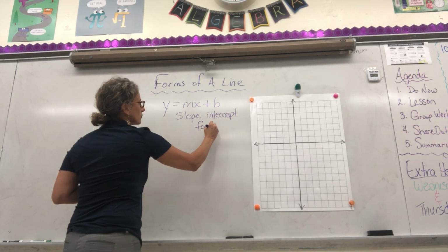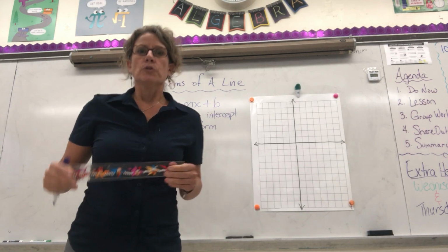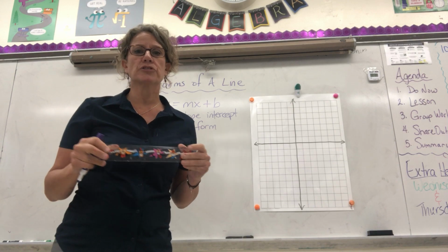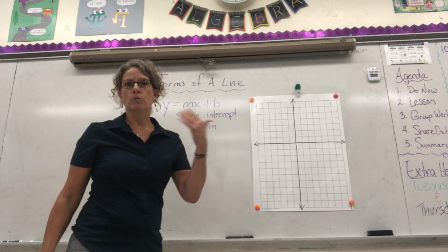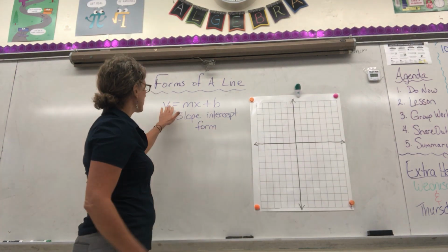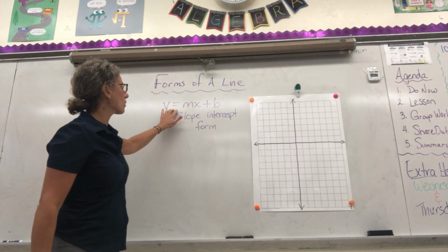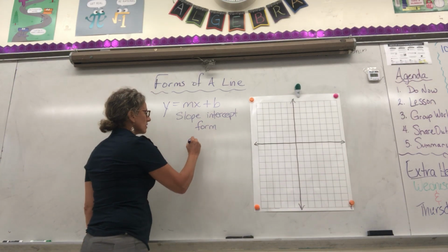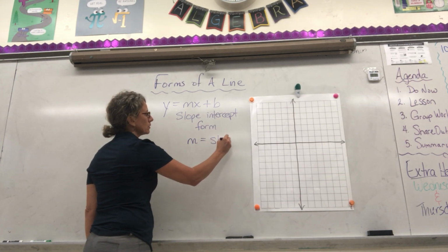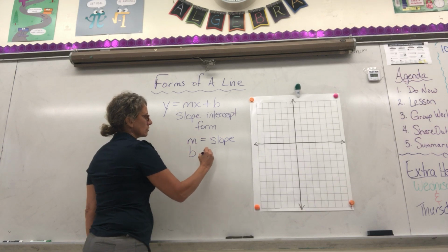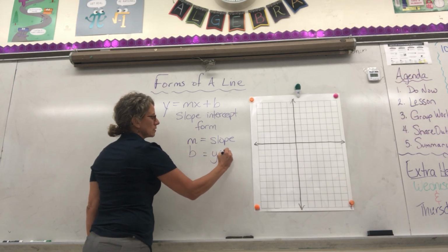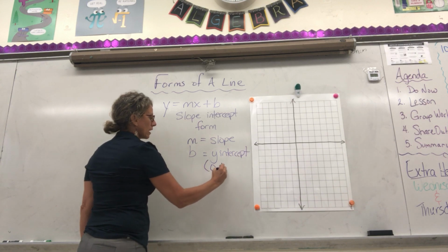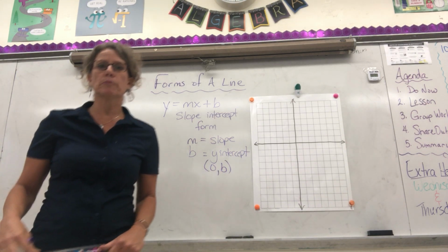When you were taught this form back in Algebra 1, you were probably told that every single time you wanted to graph a line or write the equation of a line, you should always solve for y and get it in the form y equals mx plus b. Recalling from that experience, the m is your slope, the b is your y-intercept, and your teacher probably told you it has coordinates (0, b).